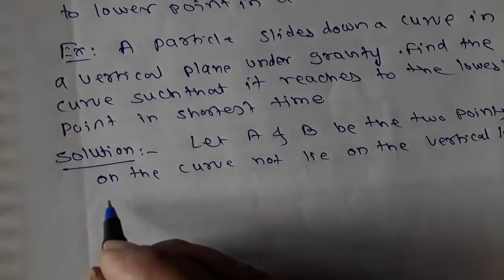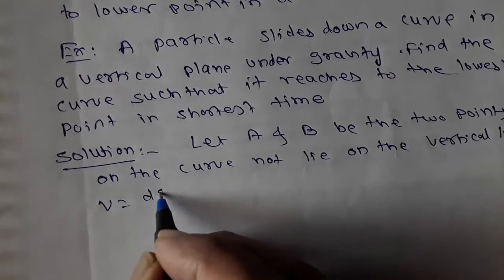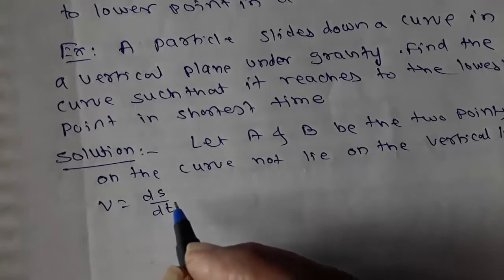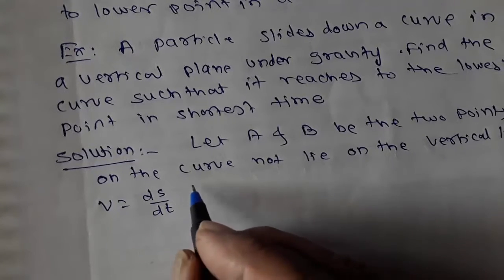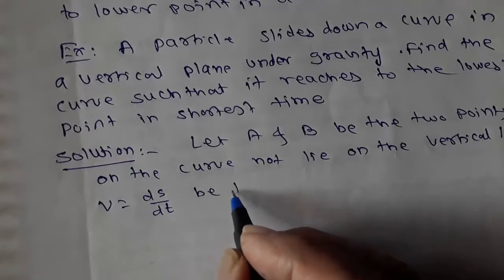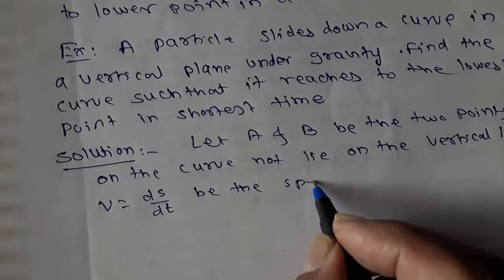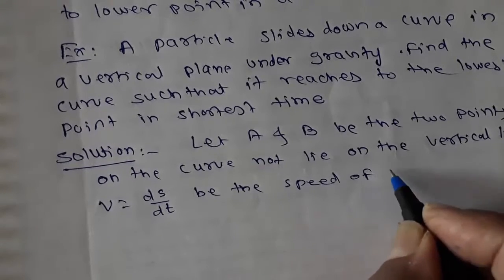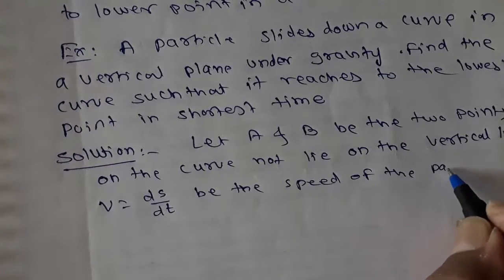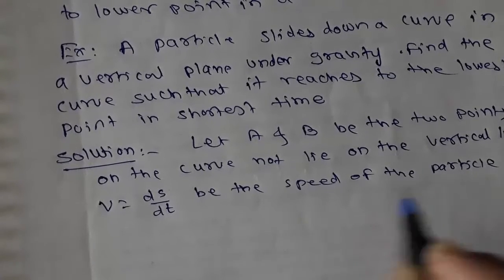Let v equal to ds by dt be the speed of the particle, that is velocity, along the curve.